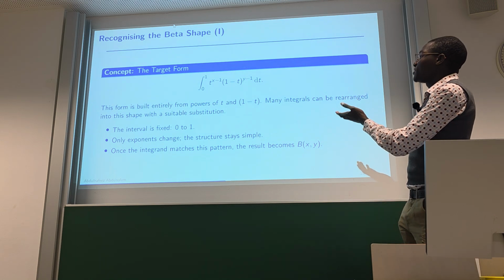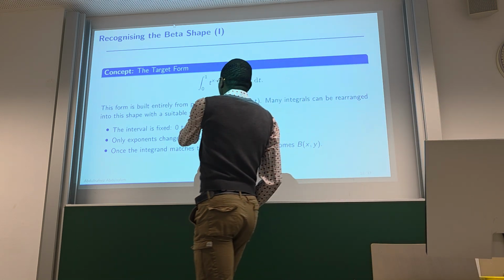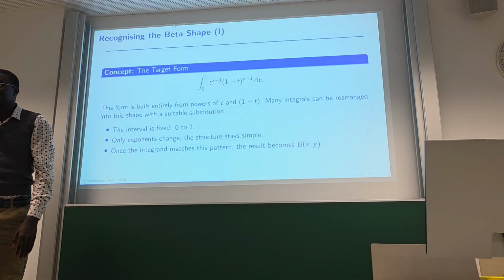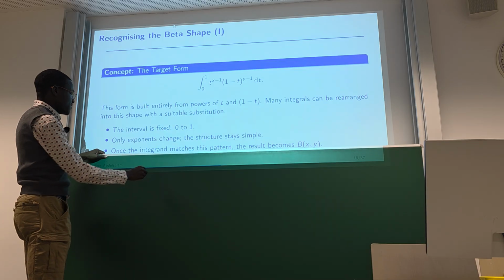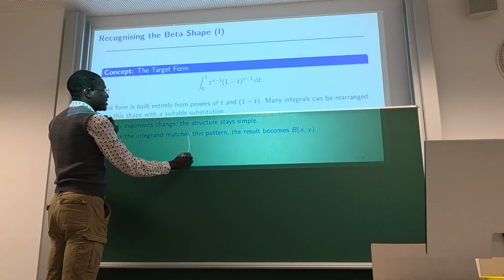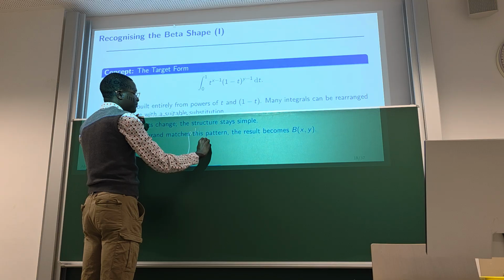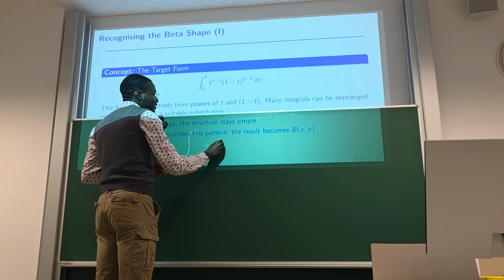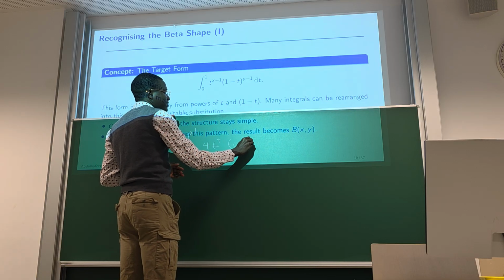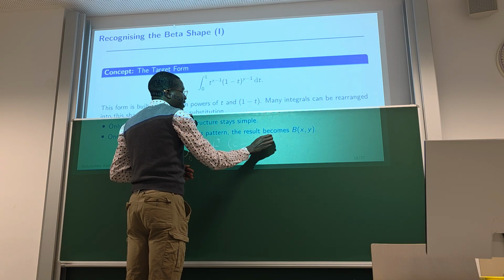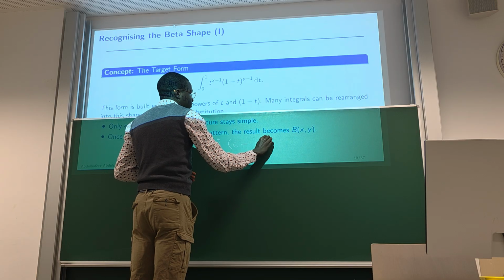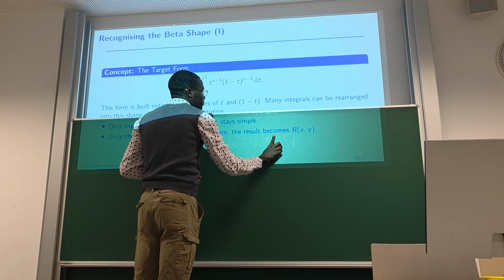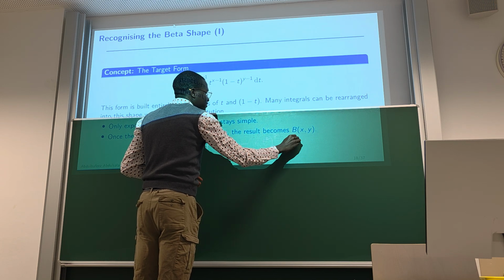So what this means is this form is built entirely from powers of t and 1 minus t. You could rearrange some integrals in this form. For instance, just think about it, maybe you have 4t to the power 9, and you have a (6 minus 6t squared) to the power y minus 1, maybe you put a 7 to t.